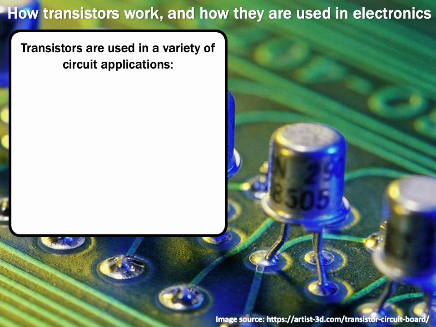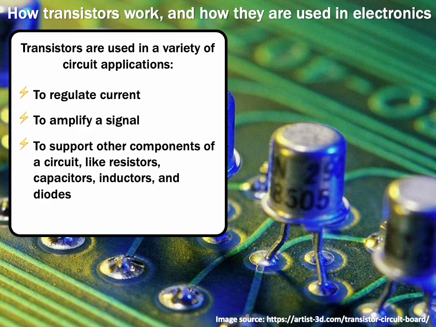Transistors are used in pretty much any circuit. Any electronic device has got multiple transistors in them. They're used to regulate current, to amplify signals, and to be used in conjunction with resistors, capacitors, inductors, diodes, amongst other sorts of things.